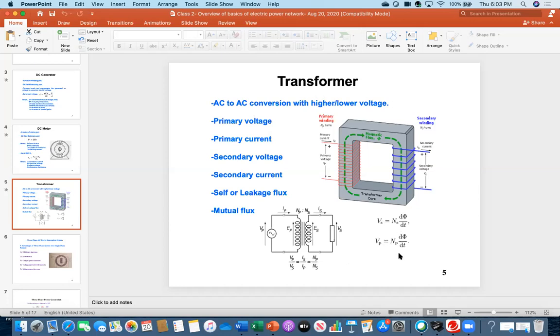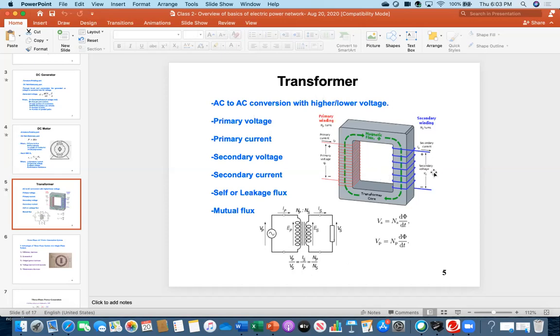So d phi by dt cancels. So you are getting Vp over Vs is Np over Ns. But in case of the current, it is opposite, because if you cross multiply, Vp Ip equal to Vs Is.